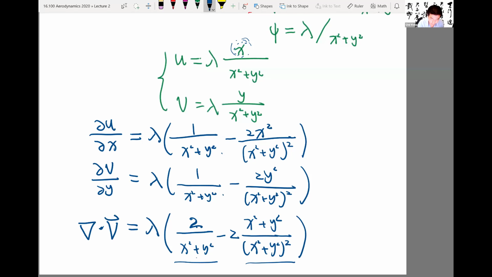Because the derivative of 1 over r is minus 1 over r squared. So we have a square over here, and then differentiating x squared plus y squared with respect to x, we get 2x. So that means by fixing the denominator, we are getting a divergence of velocity equal to 0.